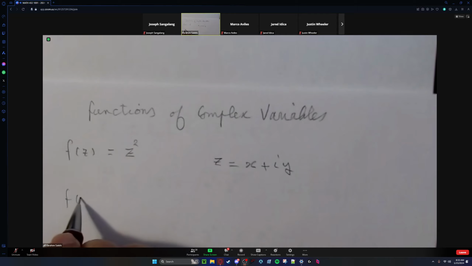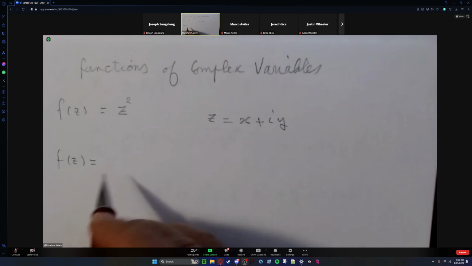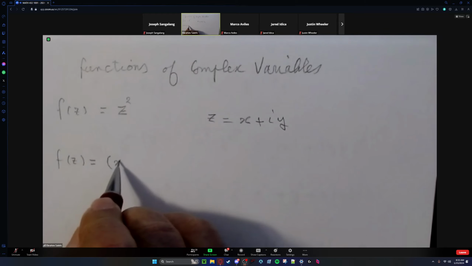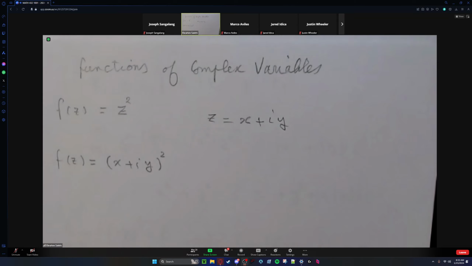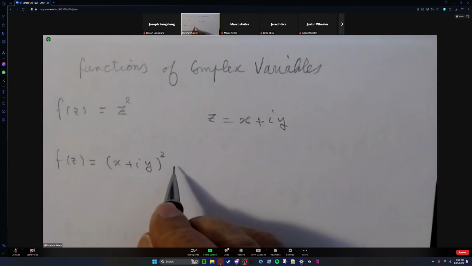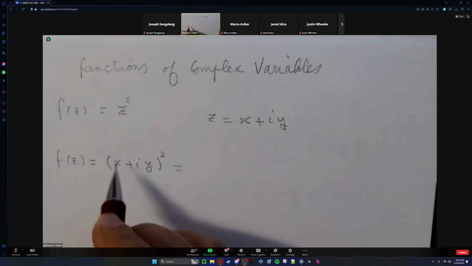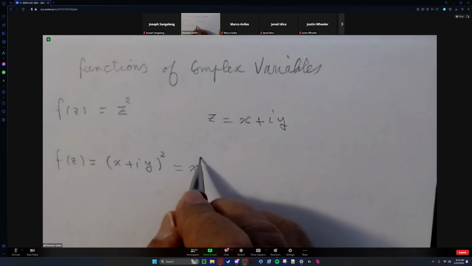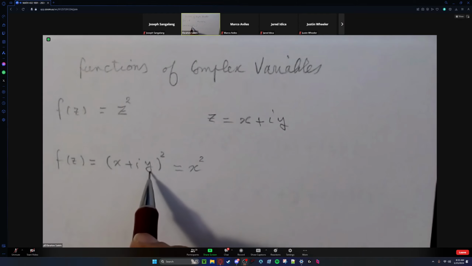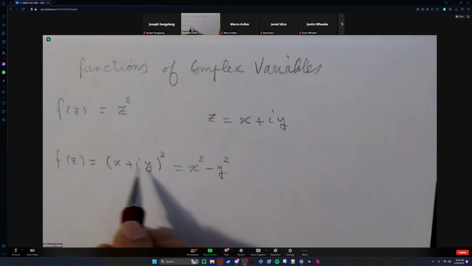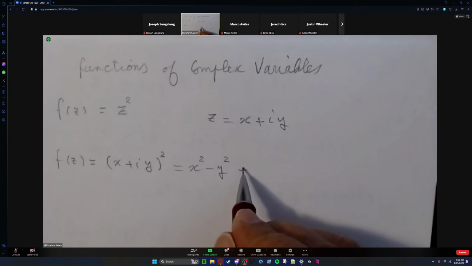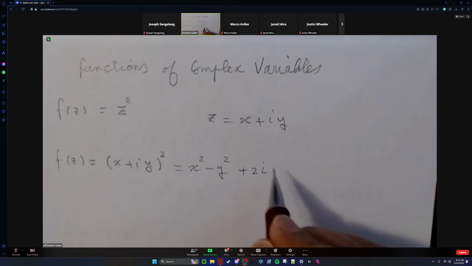So f of z is going to be (x plus iy) squared. Now let's multiply out. You will have x squared. This is squared, but i squared is -1, right? So negative y squared. Then twice this times that, so 2i xy.